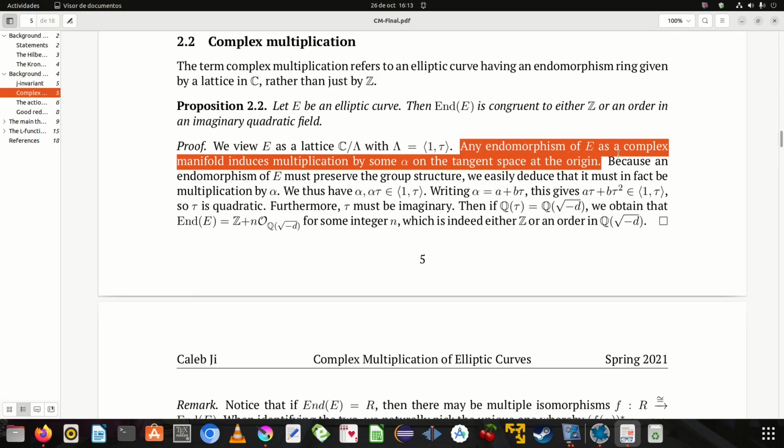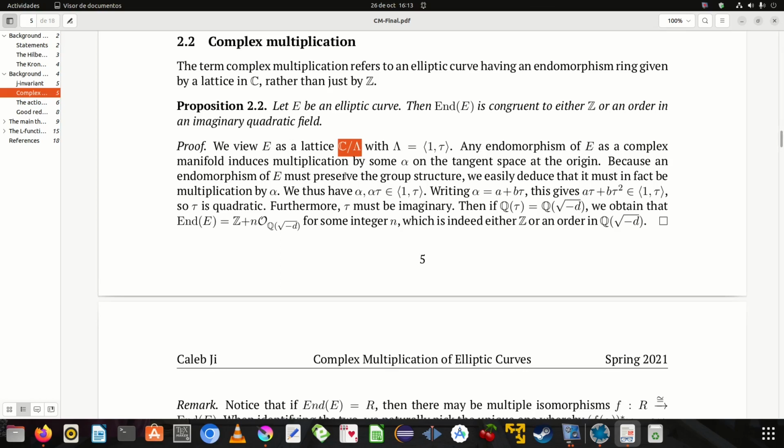Any endomorphism of C modulo the lattice, when we just look at the map of the origin, then it is multiplication by a constant alpha. That's really not clear to me.